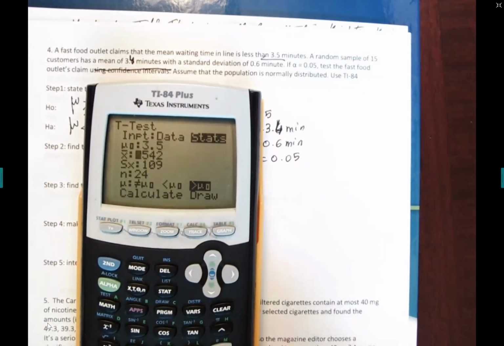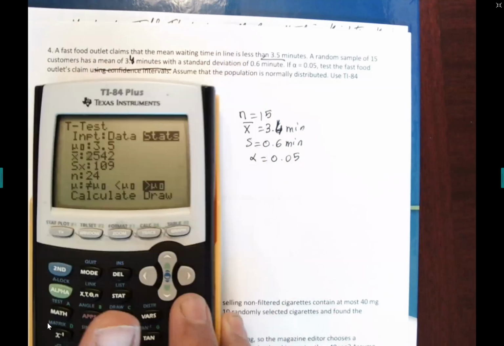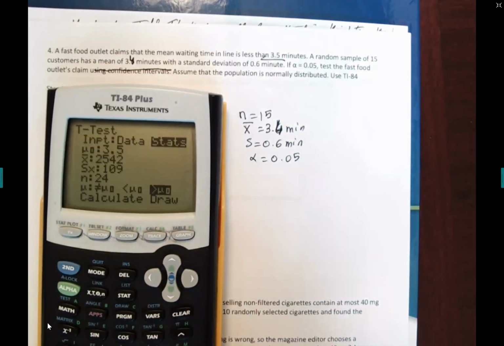I hope that you have a good feel of this already, guys. Then x bar is 3.4. s is 0.6. n is 15. And then we're testing with the alternative sign as less than. Here you go. And if you like, I can do a draw again.